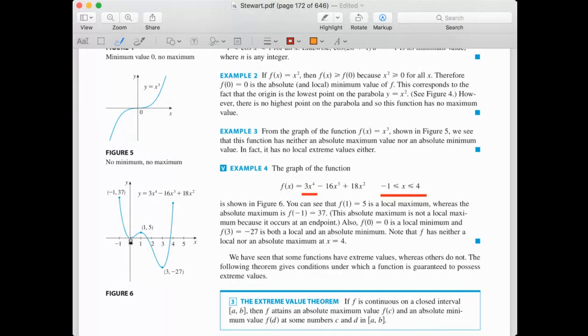So here we have 0, we have 5, we have negative 27. But we're working with a closed interval, so we have to evaluate. You see the minimum and maximum? The maximum is not happening at these 3 points. The maximum happened at the endpoint. That's why we have to evaluate the endpoints.